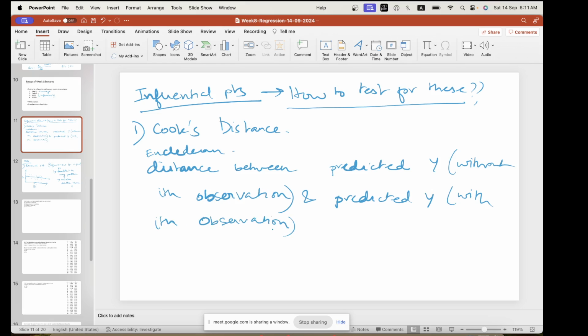Okay, so what it is essentially doing is finding out how much of a difference in the prediction can be attributable to that ith point, and if the ith point is actually influential, then this distance should be significantly large.